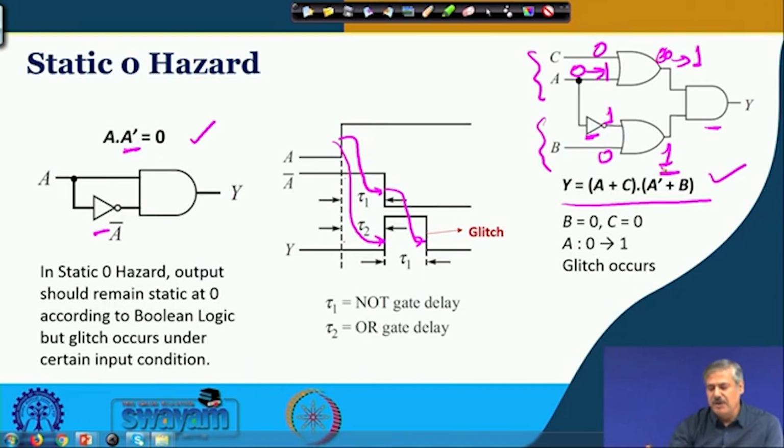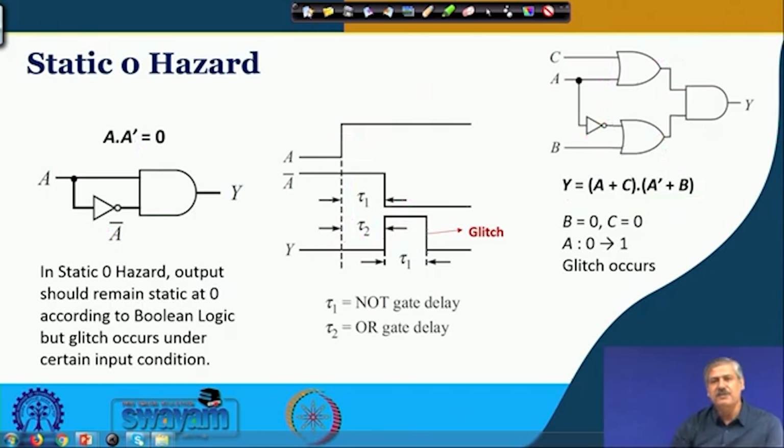So, because of which here it goes to 1 after 1 propagation delay and here it goes to 0 after 2 propagation delays, if tau 1 and tau 2 are the same. So, momentarily, for 1 propagation delay, both the inputs are at high, which makes the output high. Because of this, the glitch that we are talking about occurs in this circuit.